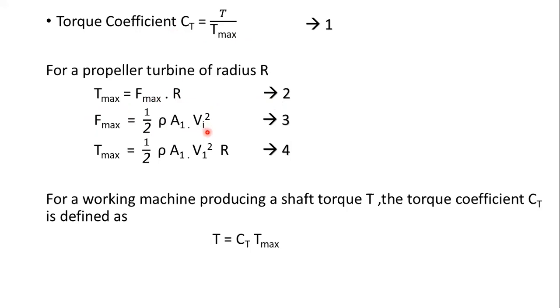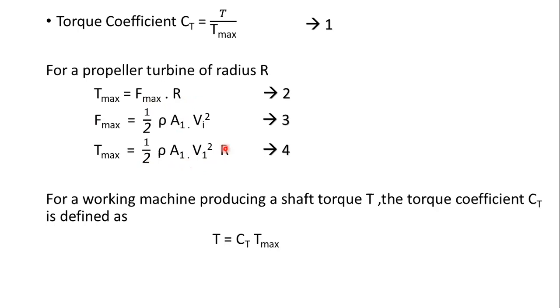If you substitute this third equation in the second equation, you will get the fourth equation: T maximum is equal to half rho A1 VI square into R.